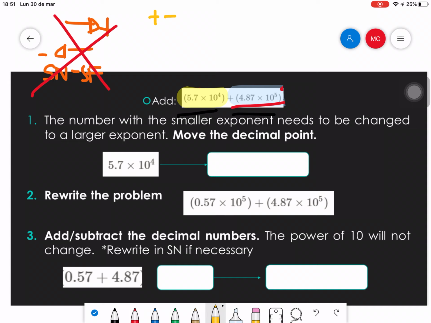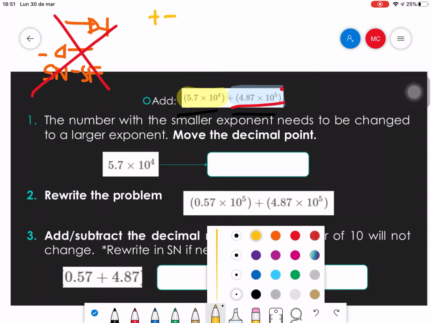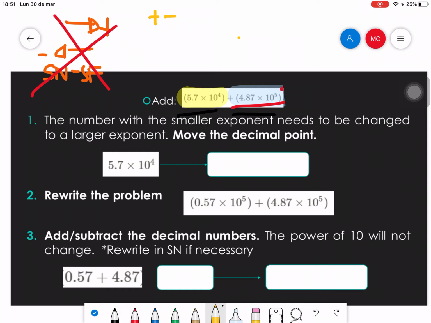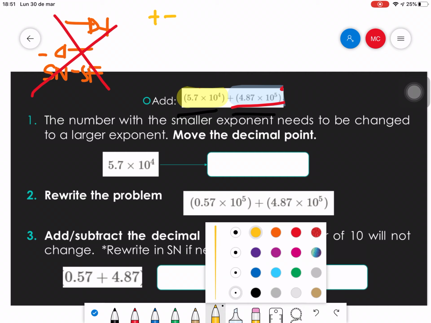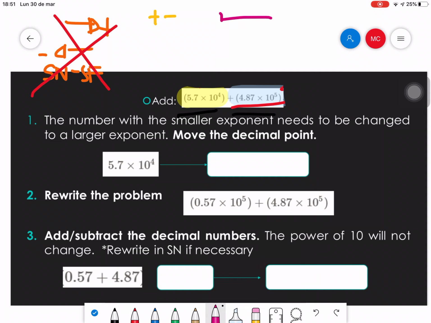These are going to be the rules. If I move, they're going to be the same, but opposite. If I move to the left, I'm adding. If I move to the right, it will be negative.